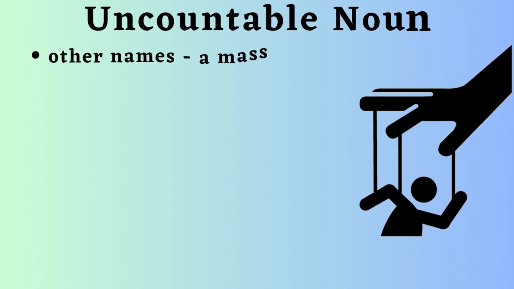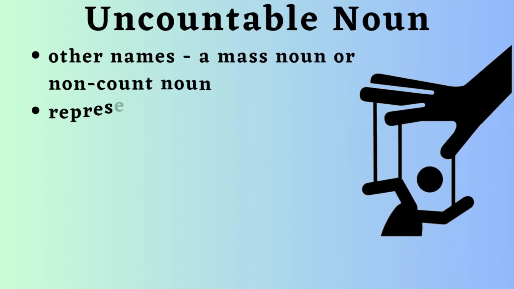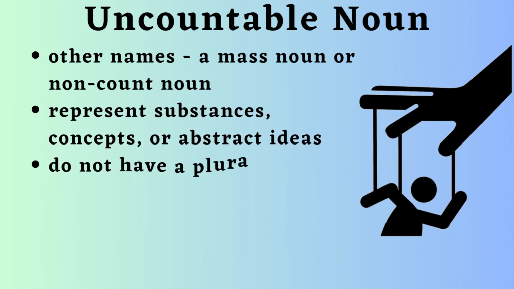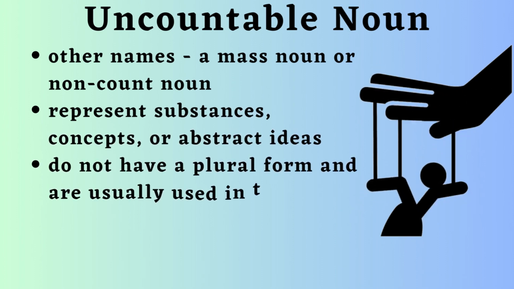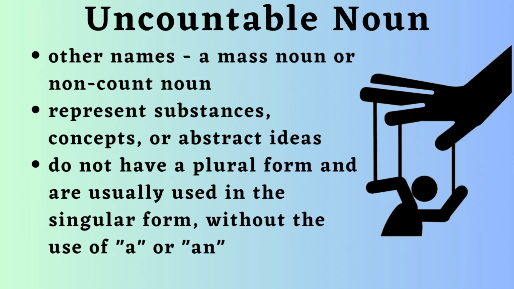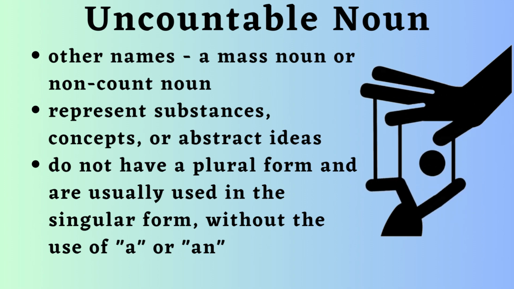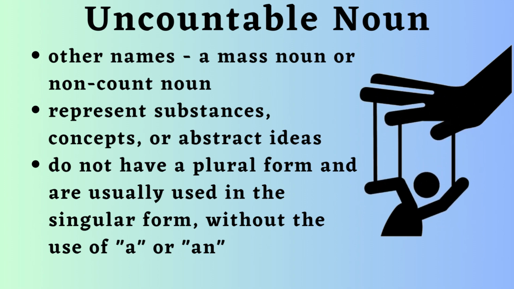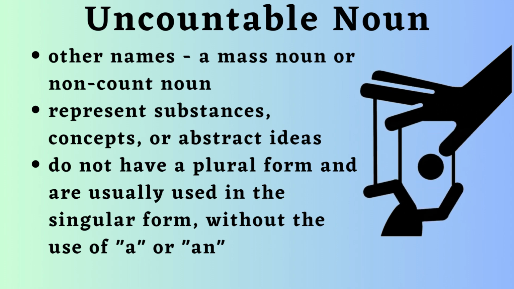Let me explain the uncountable noun. An uncountable noun is also known as a mass noun or non count noun. It is a noun that refers to something that cannot be easily counted or separated into individual units.